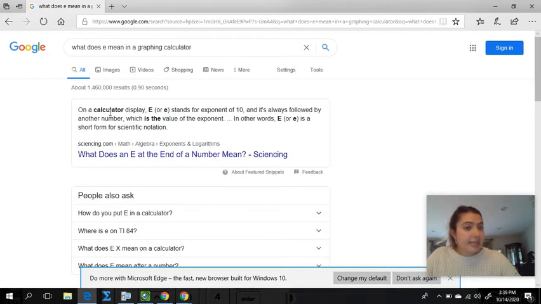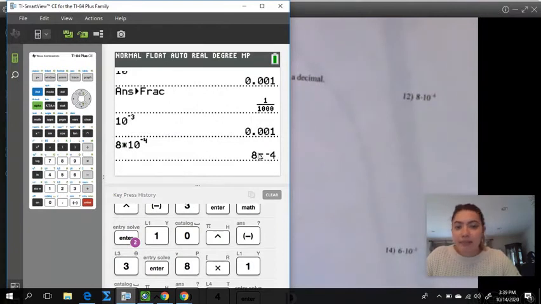It says that on a calculator display, E stands for exponent of 10, and it's always followed by another number, which is the value of the exponent. So what this is saying is that we have 10 raised to the negative fourth power, times 8.